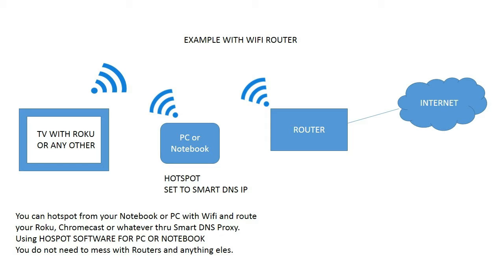You could use the PC or notebook to access the American channels by configuring the notebook or PC to access an American DNS, so it will work the same way as example 1.